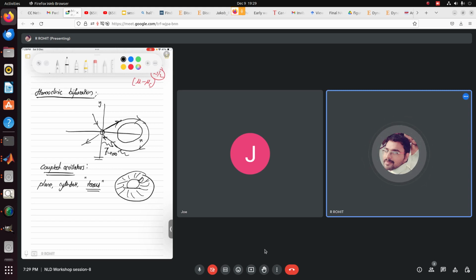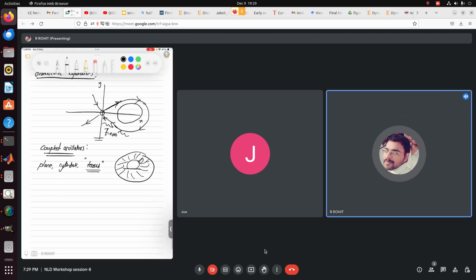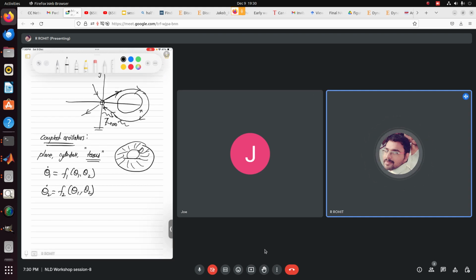These kinds of phase spaces are natural in some systems, and the general equation is of the form theta 1 dot equals some function f1 of theta 1 comma theta 2, and theta 2 dot equals a function f2 of theta 1 comma theta 2. Here f1 and f2 are periodic functions in both arguments.